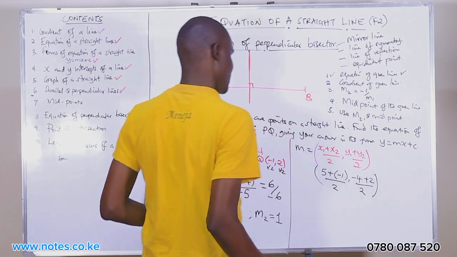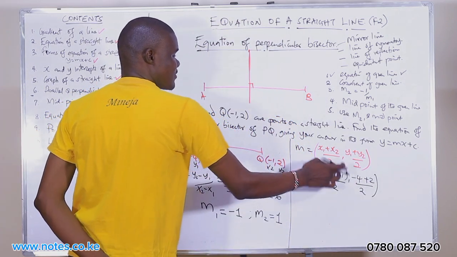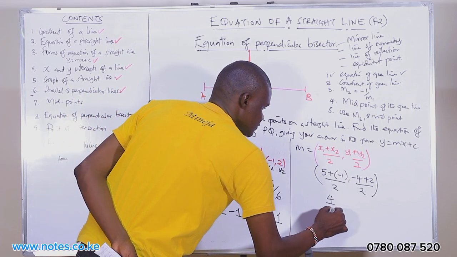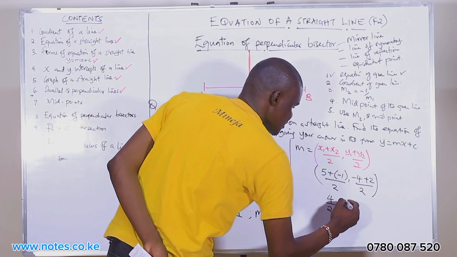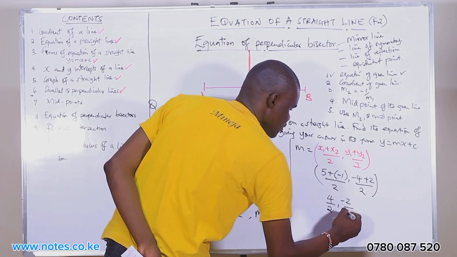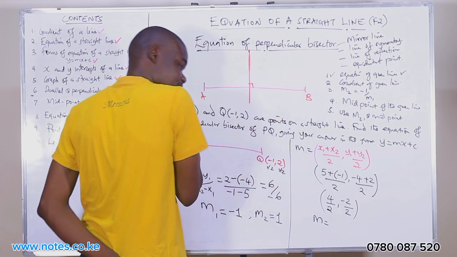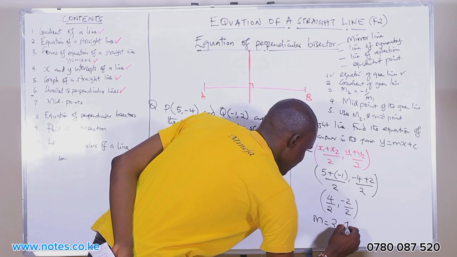Be keen as you are doing the replacement. So this is negative plus minus. So that will give us 4 over 2, comma, -4 plus 2, I think, is -2 over 2. So when you simplify, the midpoint is (2, -1).